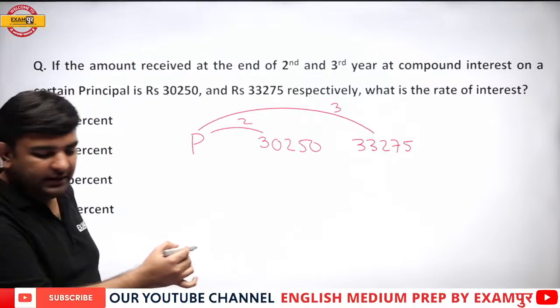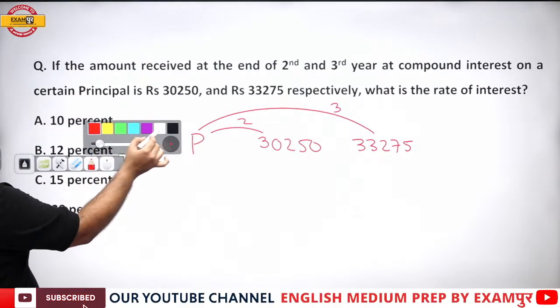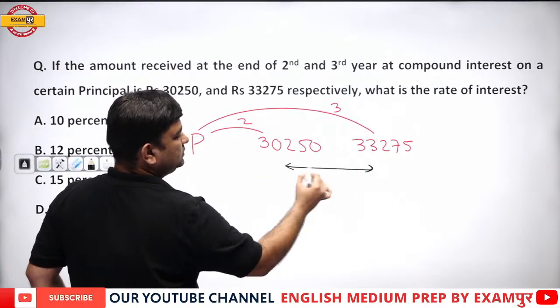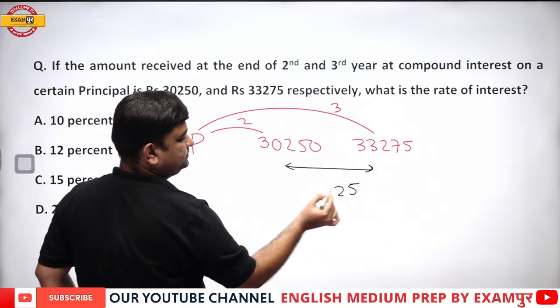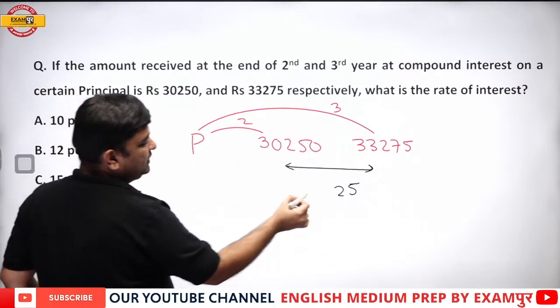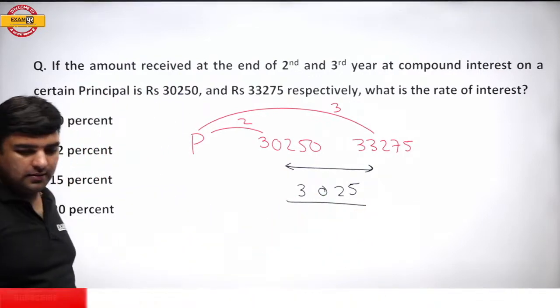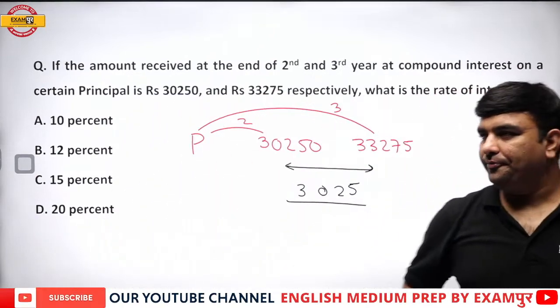How much did it increase in the last year? 5 minus 0, 5. 7 minus 2, 5. 2 minus 2, 0. 3025. There is an increment of 3025 in the last year.